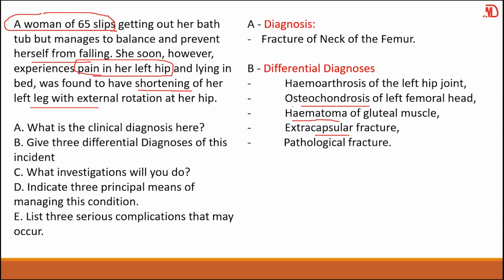Although the bone is near the joint, it is outside. Examples of such are intertrochanteric hip fractures and subtrochanteric hip fractures. These are some of the extracapsular fractures that you can be thinking about. So again, it's a bone near a joint, but outside the capsule.